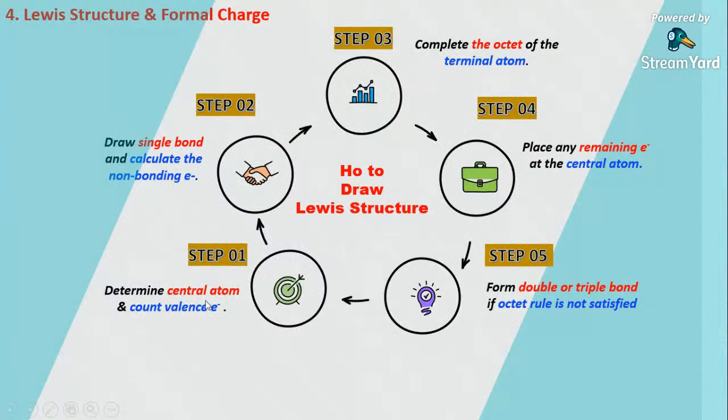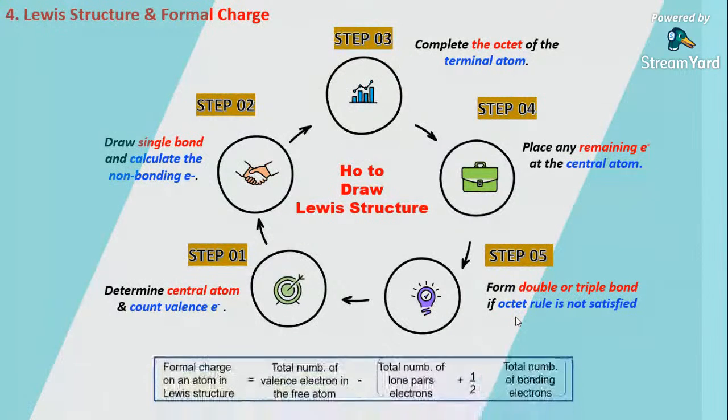Normally students have no problem identifying the central atom, but some of them are careless when counting valence electrons. So please double check the valence electrons, which means you have to refer to the Lewis dot symbol. That's why I just talked about the Lewis dot symbol in the first part. Then the second part, draw single bonds and calculate the non-bonding electrons. Complete the octet for the terminal atoms. Place any remaining electrons at the central atom. If the central atom hasn't achieved octet, then you have to form double or triple bonds. So these are the rules you have to follow strictly.